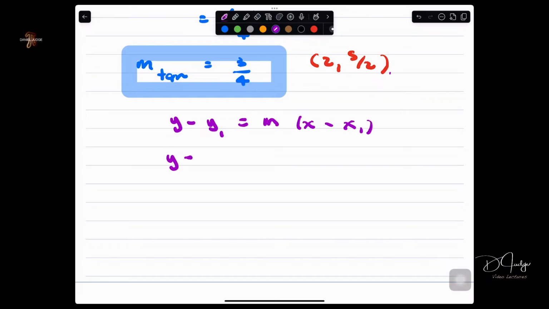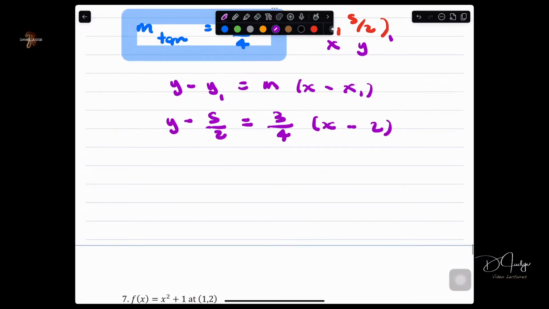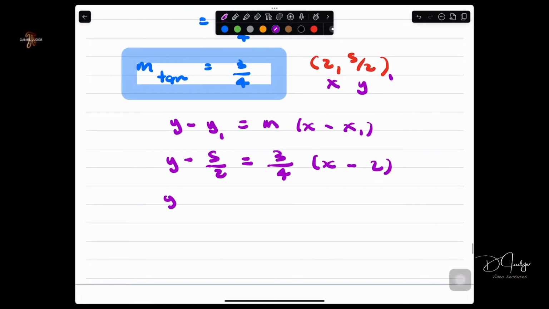Y minus, this is the one and only point. Here's your x and y coordinate. Y minus 5 halves is 3/4 times x minus 2. So as we do the algebra, y minus 5 halves becomes 3/4 x minus 6/4, which will be 3 halves.